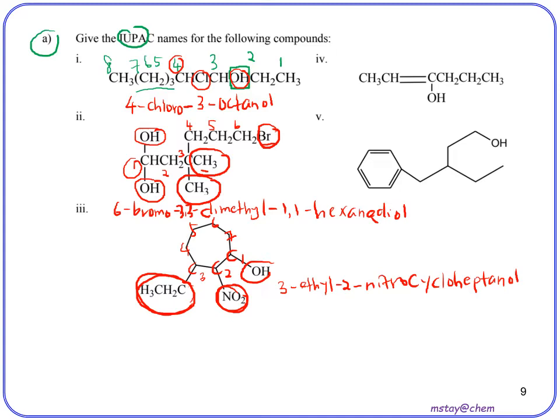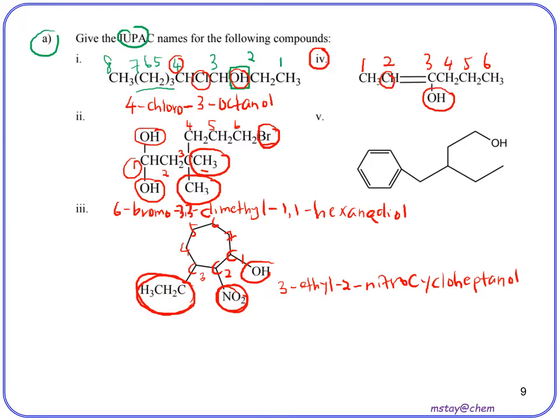The fourth structure consists of carbon 1, carbon 2, carbon 3, carbon 4, carbon 5, and carbon 6. We already have the idea: this is the lowest number, and it consists of 6 carbons, and the hydroxyl group is at the third carbon, and the double bond is at the second carbon.